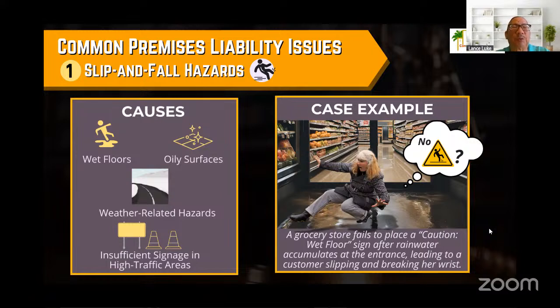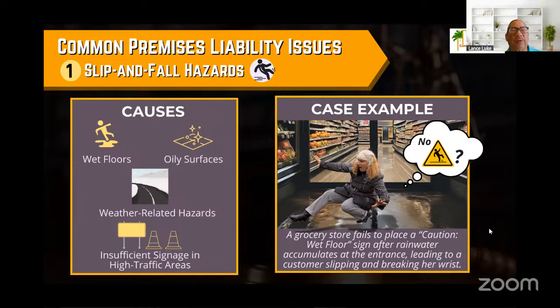Maybe in a grocery store, your chill refrigerator is draining water onto a floor and a shopper slips. Or it could be a plumbing leak somewhere.